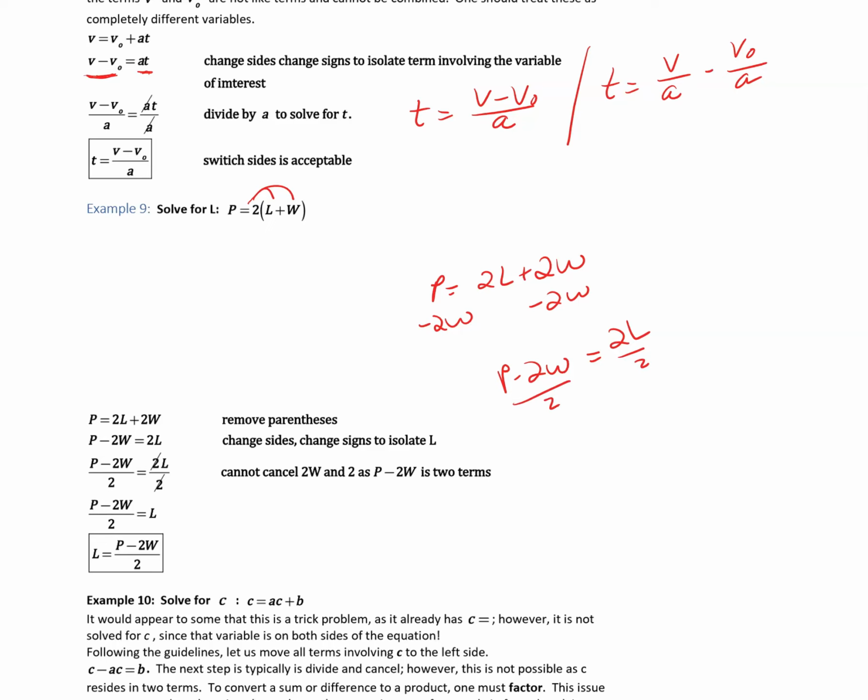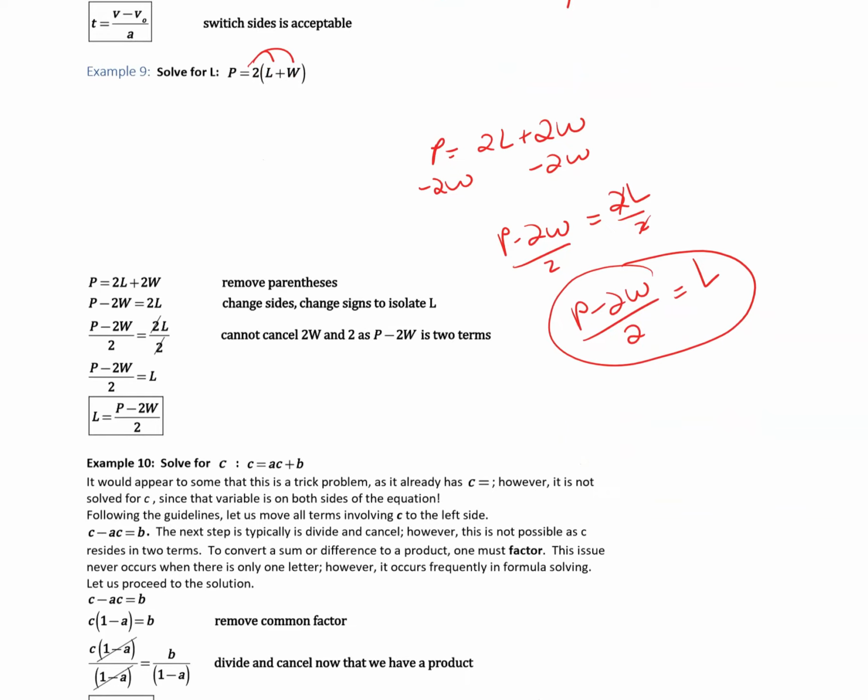Finally, divide by 2. So you get P minus 2W over 2 equals L. So final answer, you cannot cancel these 2's. You would need a 2 over here to cancel. So just remember, whenever you're trying to cancel something, if there's more than one term in the numerator, the number you're trying to cancel has to appear everywhere in the numerator.